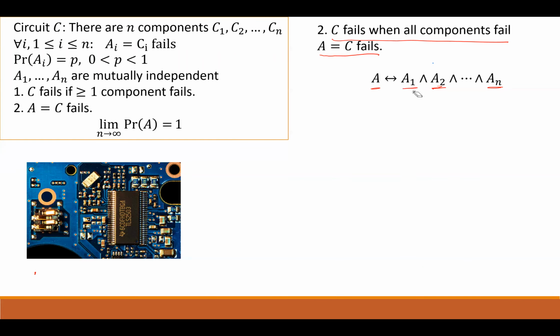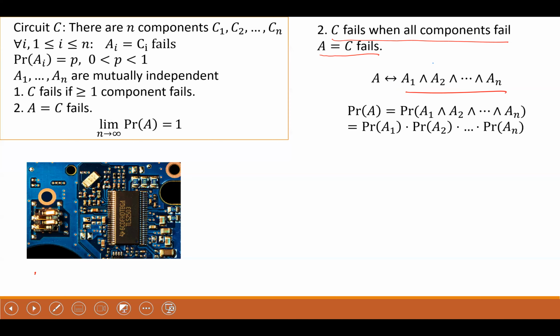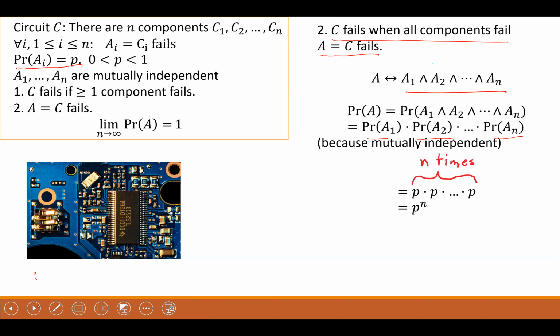So here we're actually already in good shape. This is the intersection of all of these events, and these are independent events, so the probability is the product of all the individual probabilities. Each of these has probability P of failing, so we just get P times itself n times, or P to the power n.